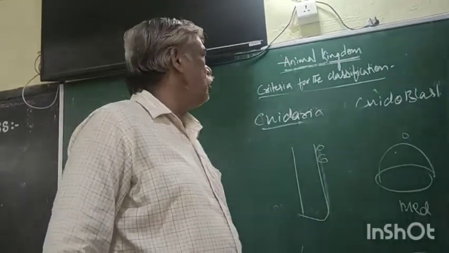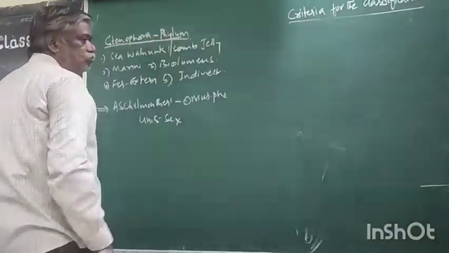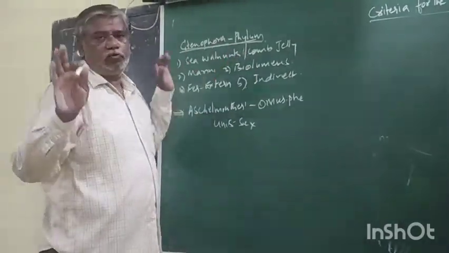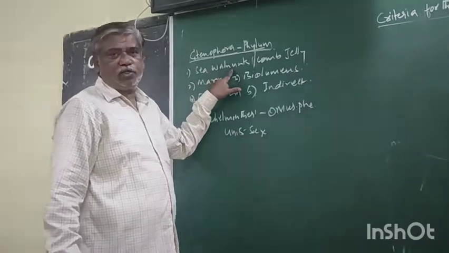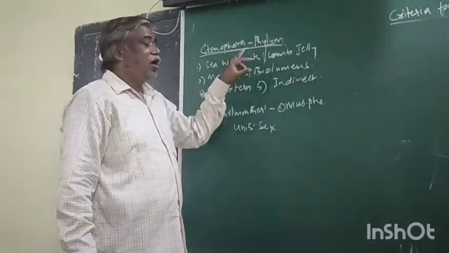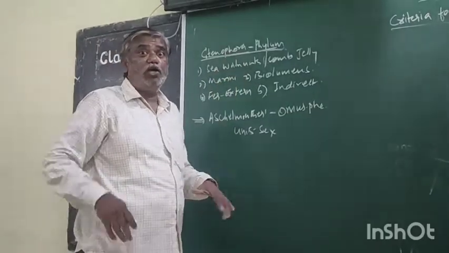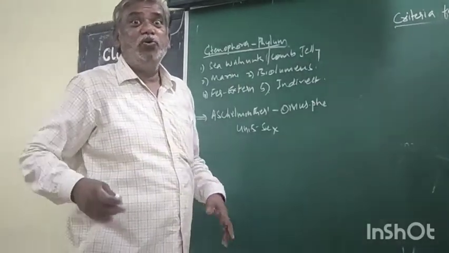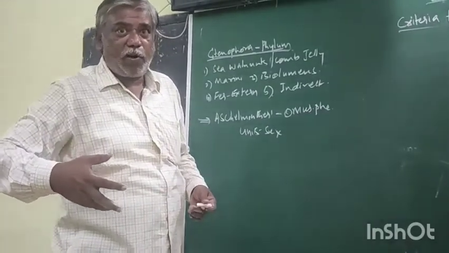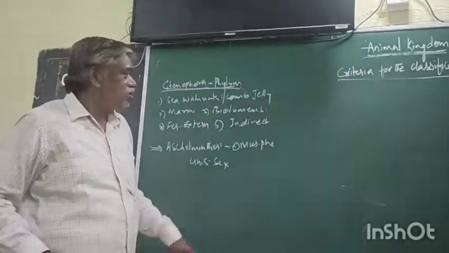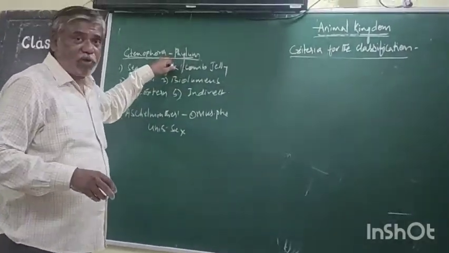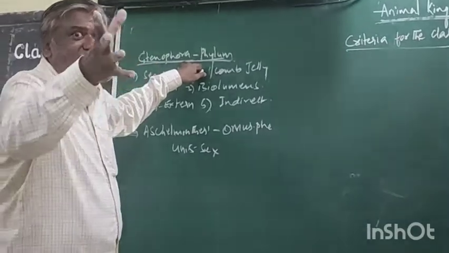Now this is about the Ctenophora. It is exclusively marine. Common names: sea walnuts, comb jellies. The most important character is bioluminescence, the emitting of light by living organisms. That means the animals included in this phylum produce light.